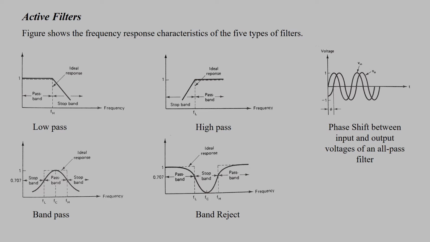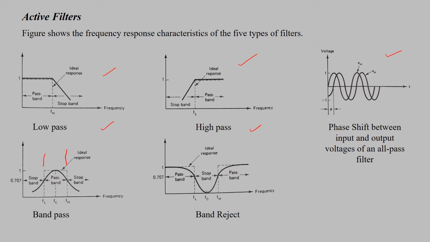This figure shows various filters, their pass band and stop band. We have talked of low pass and high pass already. Now in this session we will be talking of band pass and band reject filters as well as all pass filter. In band pass, a band of frequencies from FL to FH is allowed to pass and the rest lies in the stop band.